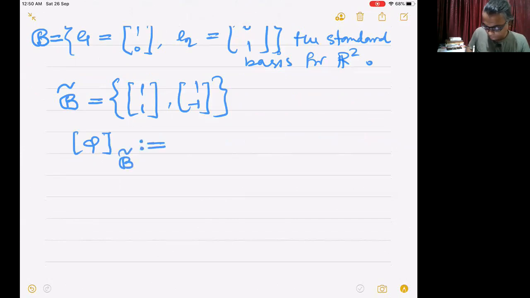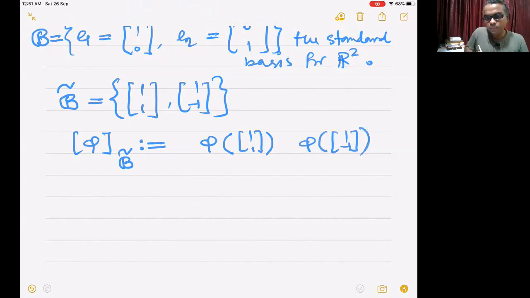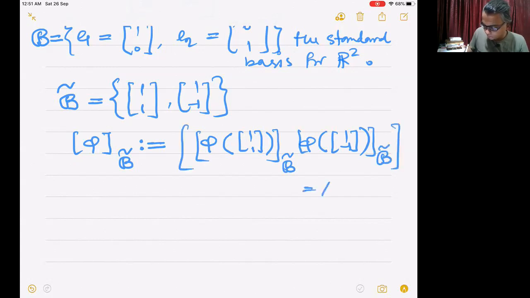By definition, it is phi's action on the basis vector (1, 1) and phi's action on the basis vector (1, -1), but expressed in the new basis B tilde. This would be the new matrix, which we are calling A tilde.